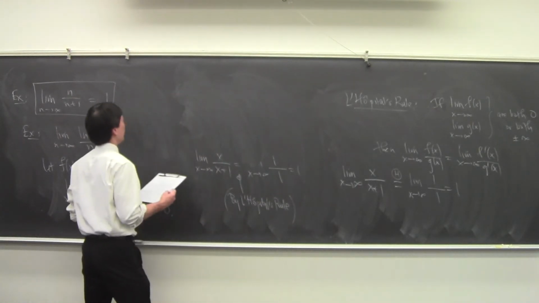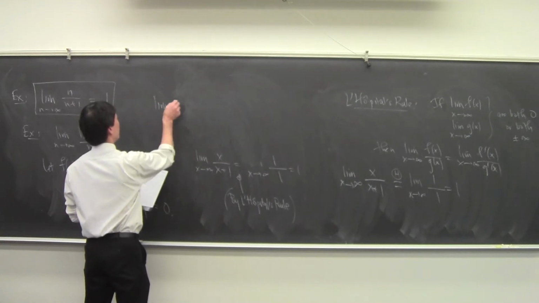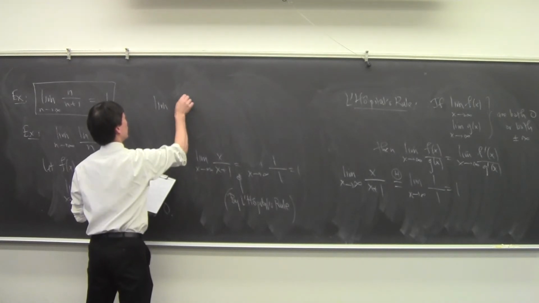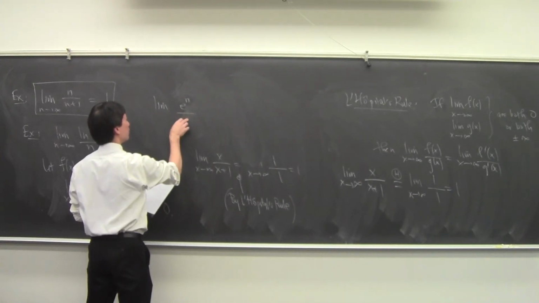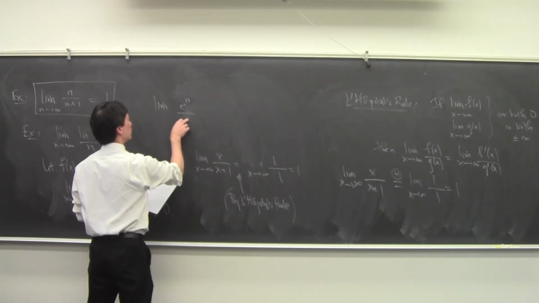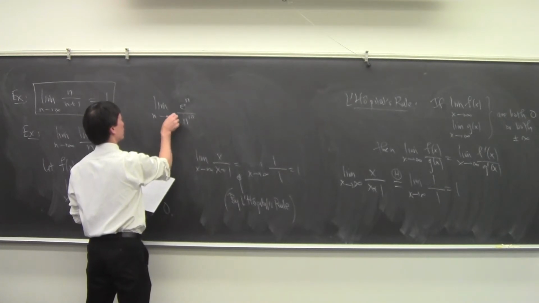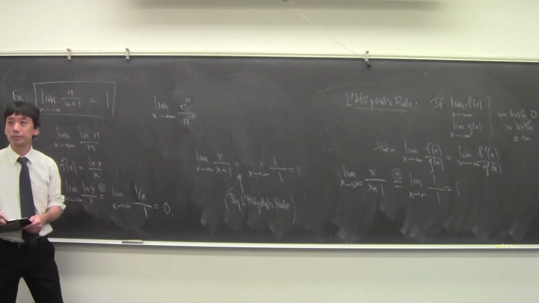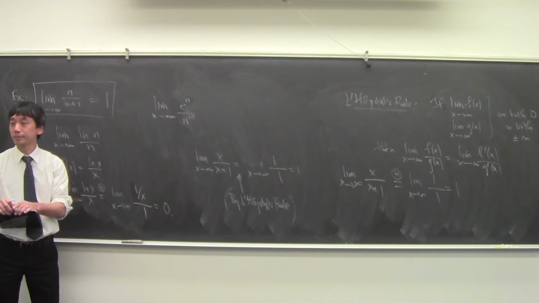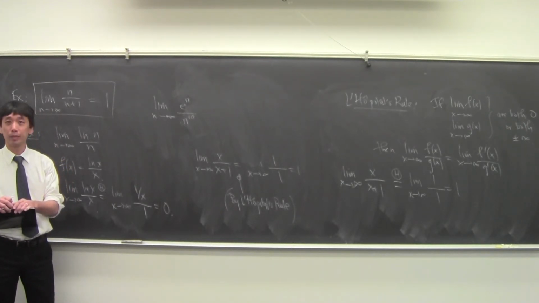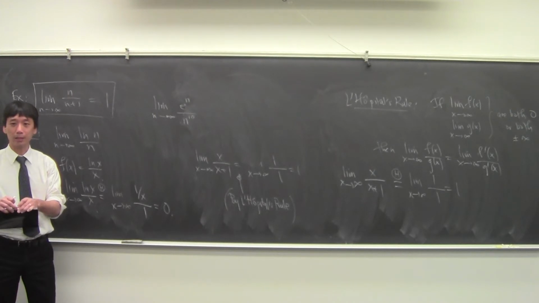What if I have, say, the limit of e to the n over n to the 10th power as n goes to infinity? Take 1 minute and try to do it doing exactly the same thing that we're doing now.